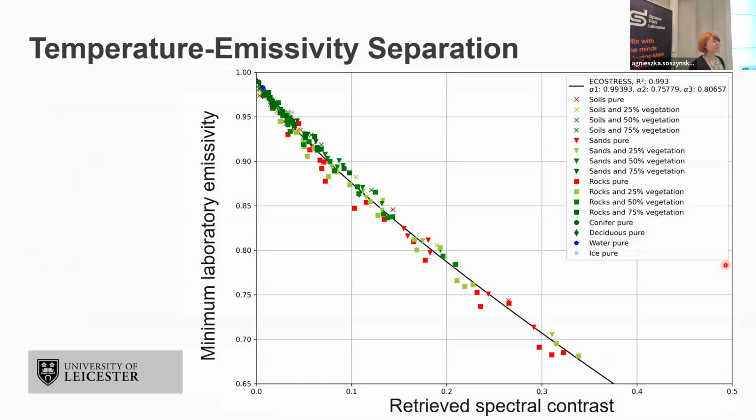So what TES does is you need a pre-filtered number of specific samples that you want to use, and then the minimum of that sample from your bands, obviously, is then related to the retrieved spectral contrast, which is minimum maximum difference from your measurement. So if you have 5 bands, 1 will be lowest, 1 will be highest. The difference between those values, that's your MMD, the spectral contrast.